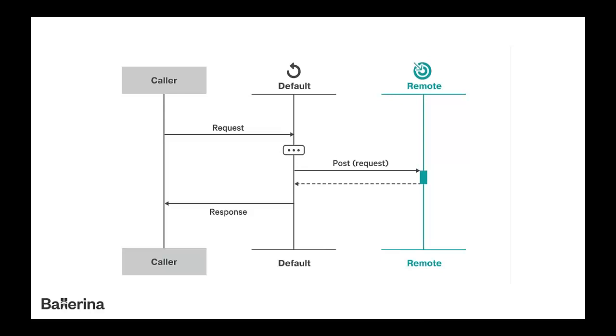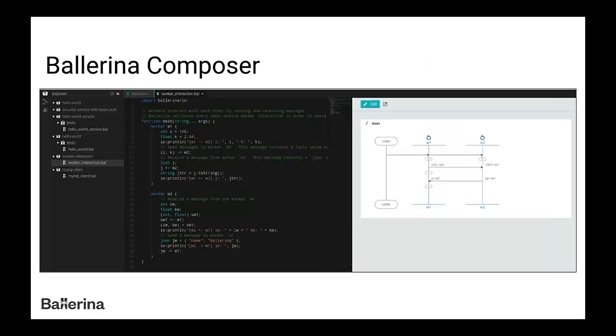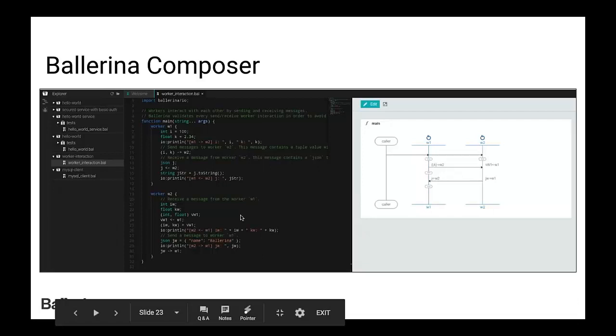And what we can do is, even in our tooling, if you go to the Ballerina Composer, all the code we write, it will automatically give you a sequence diagram view of the code. So concepts like endpoints, workers, which are like parallel executions in the programming language, those are very naturally visualized as a sequence diagram there.